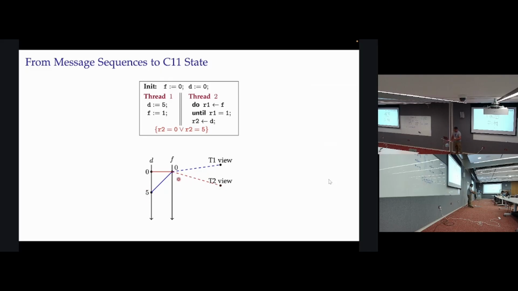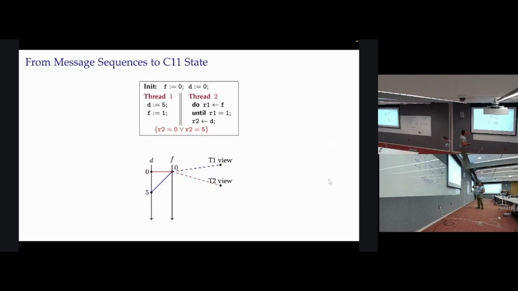Thread 2, its view, it doesn't know that this has happened. In a sequentially consistent world, a world with no caches and so forth, all of the writes go straight down to memory, and then the other threads read from memory, so everyone sees a very consistent view of what the world looks like. But now you've got all these caches, these buffers floating around, and threads don't know that stuff is happening on the other threads.